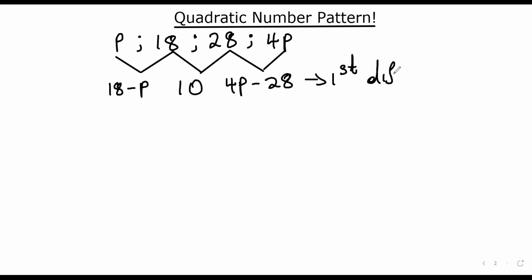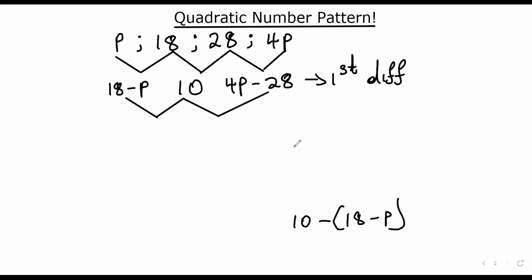Okay. So let's move along to the second difference. Now we need to say 10 minus (18 minus p), and then come back again and say (4p minus 28) minus 10. I'm just going to do these aside and write the final answer there.